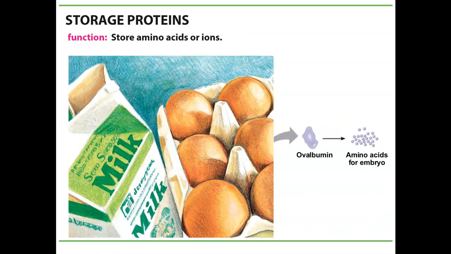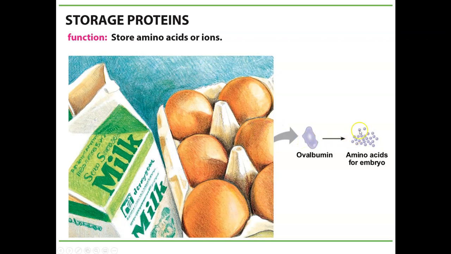We have storage proteins as well. So during development of, for example, a chicken or a cow, there are proteins that are stored within those components, so that when that embryo or small calf is growing, they have all of the amino acids and ability to build the proteins they'll need to grow and to be healthy and survive. Ovalbumin, for example, is a protein that has all of the essential amino acids that would be needed to rebuild a chicken from a small egg.